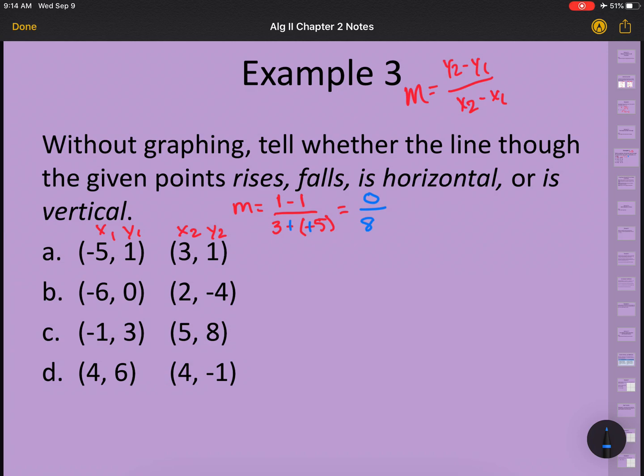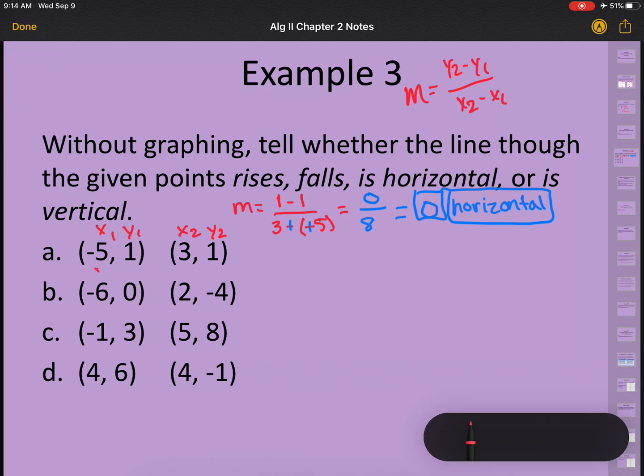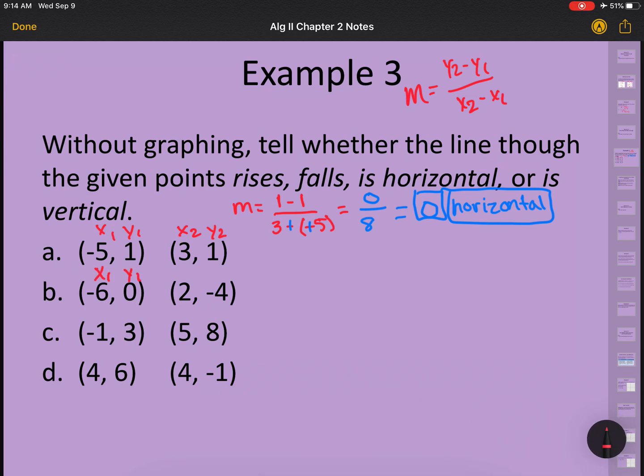So 0 out of 8, well, that is 0. So we said, well, 0 slope, that is a horizontal line. Okay, so that is horizontal. So that's part A.